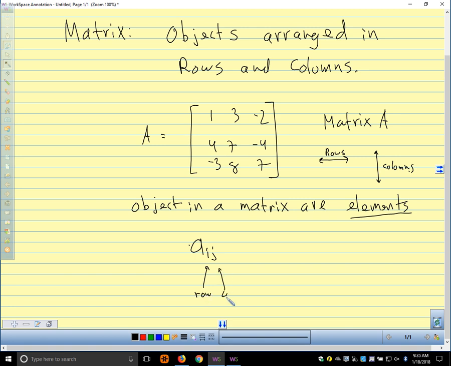This tells which column. So for example, A sub 3 2. We don't put a comma or anything here, and we read these separately. A sub 3 2 in this matrix: third row, second column is 8. So that's the element in the third row, second column.